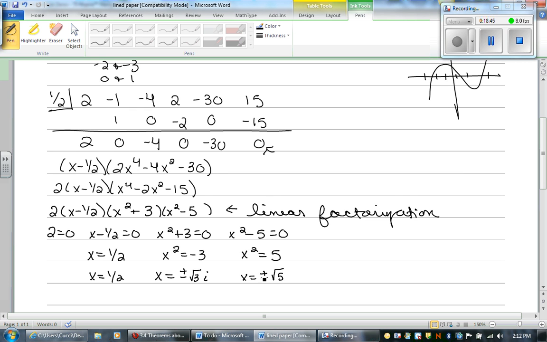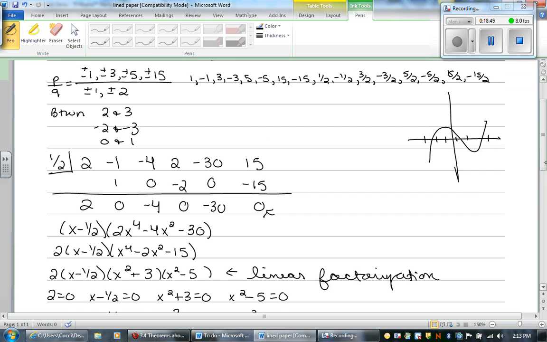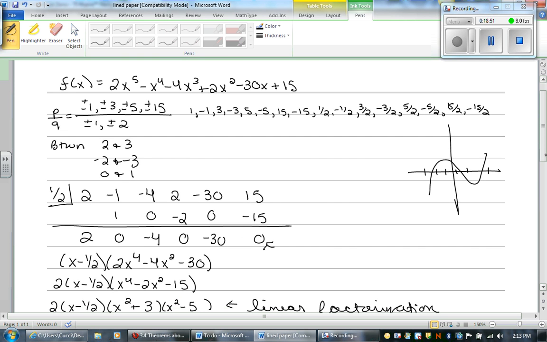So I actually have 5 solutions there, and all 5, so that matches the degree of my polynomial, which is the 5th power.